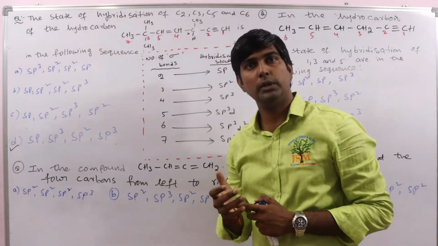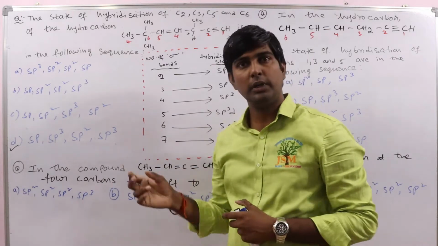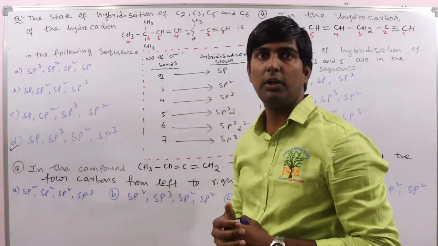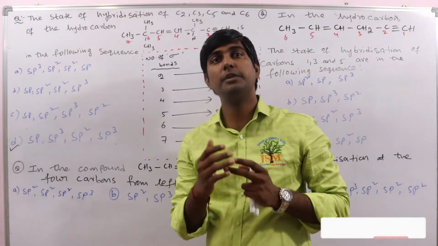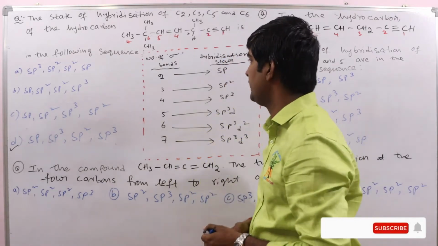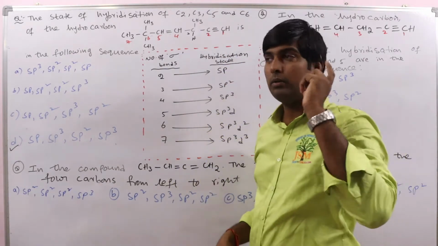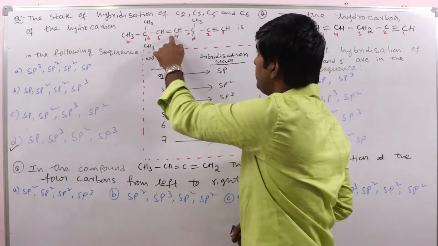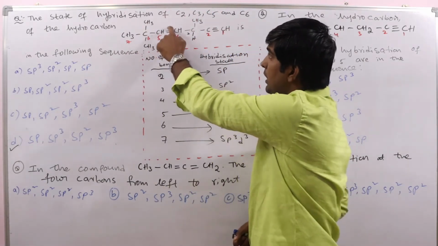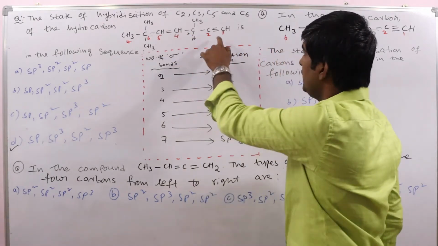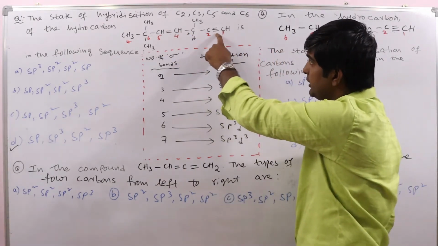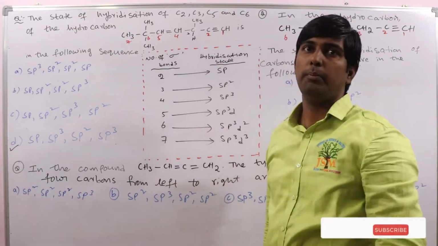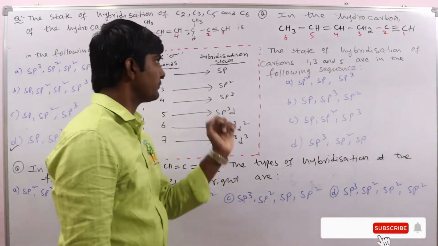We have to calculate how many sigma bonds are formed by the carbon at which we have to identify the hybridization. If a single bond is present, that is definitely a sigma bond. If a double bond is present, one is a sigma bond, another one is a pi bond. If a triple bond is present, one is the sigma bond, remaining two are the pi bonds.